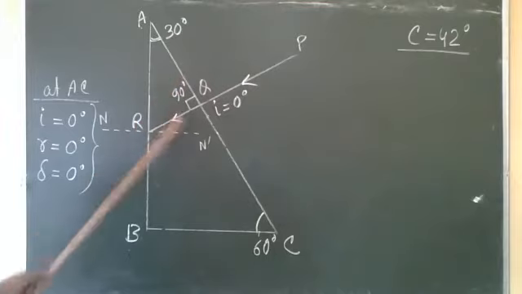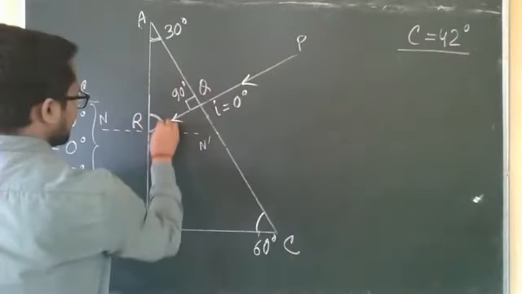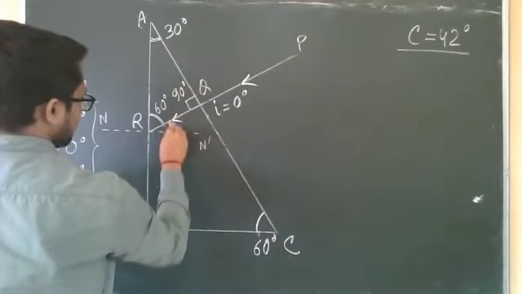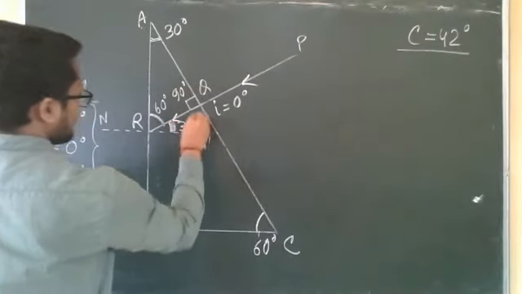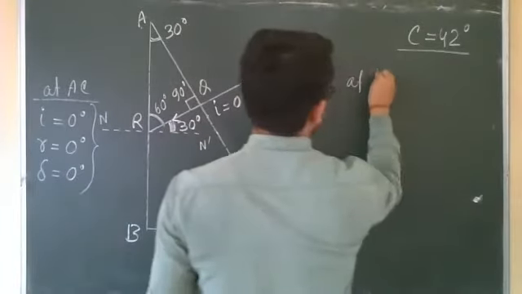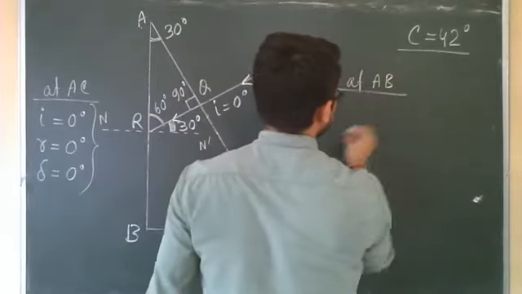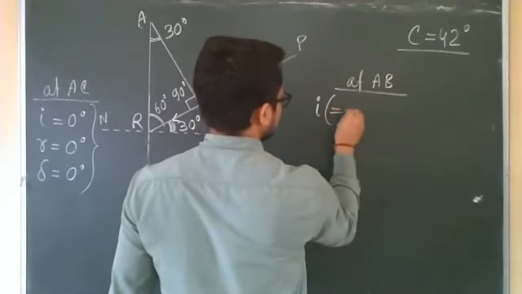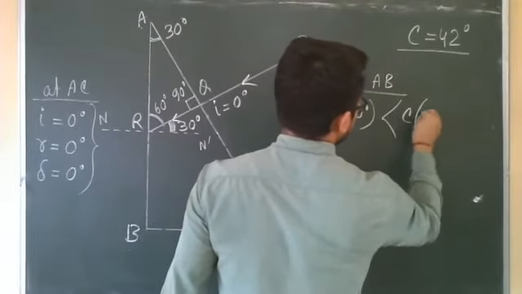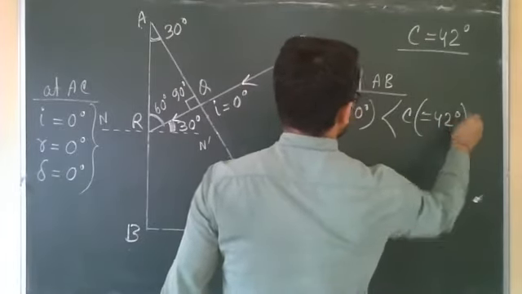This is 30, this is 90, that means this angle will be 60 degree. So this is 60 means this small angle will be 30 degree, which is the angle of incidence. So at AB, what is the angle of incidence? I is equal to 30 degree, which is less than critical angle, that is 42.